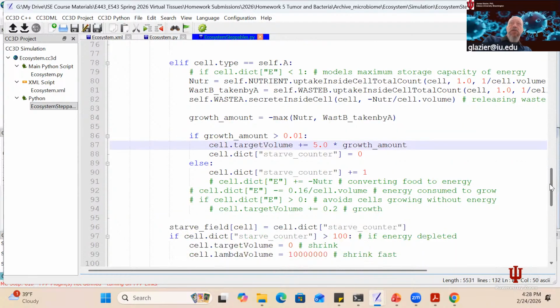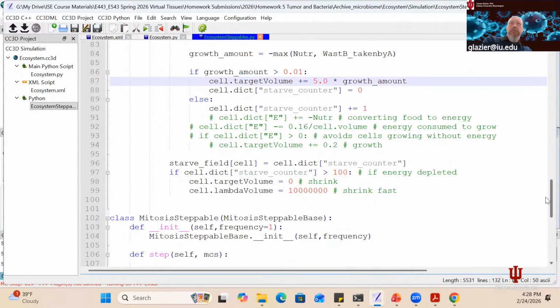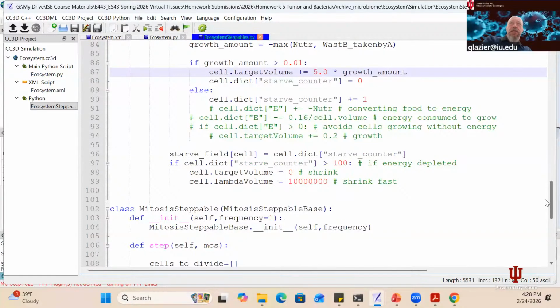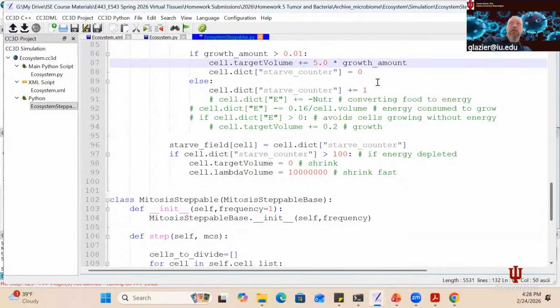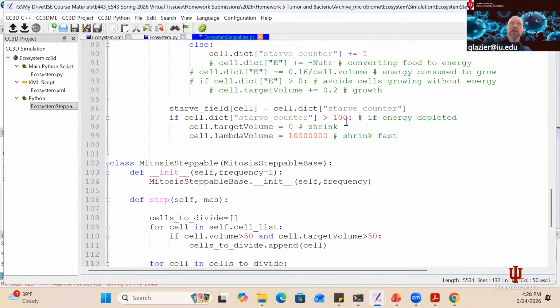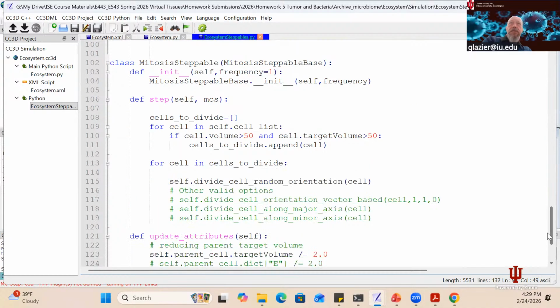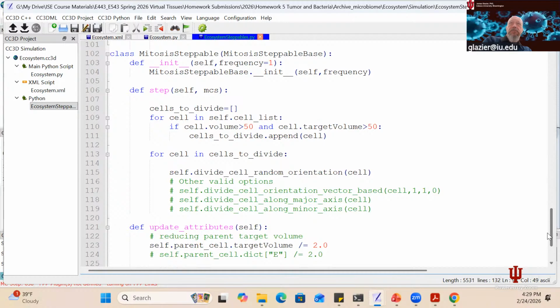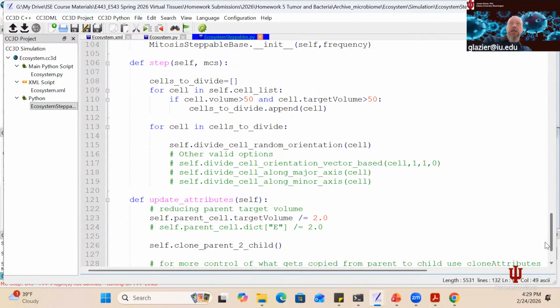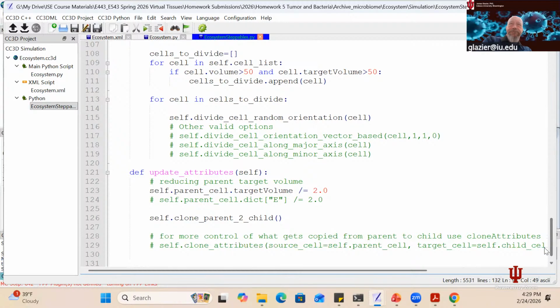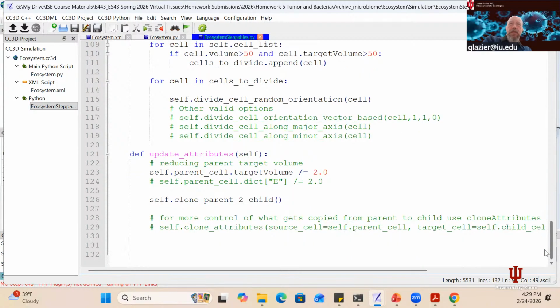And now, if the cells get too much starved, you kill them. Okay. And then if the cells get to be big enough, they divide. And they inherit the target volume.